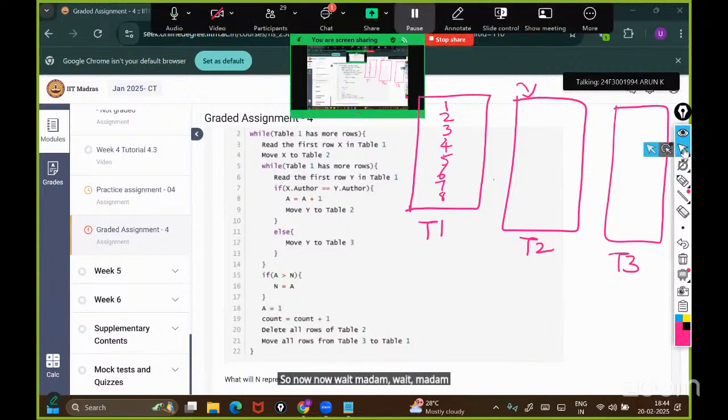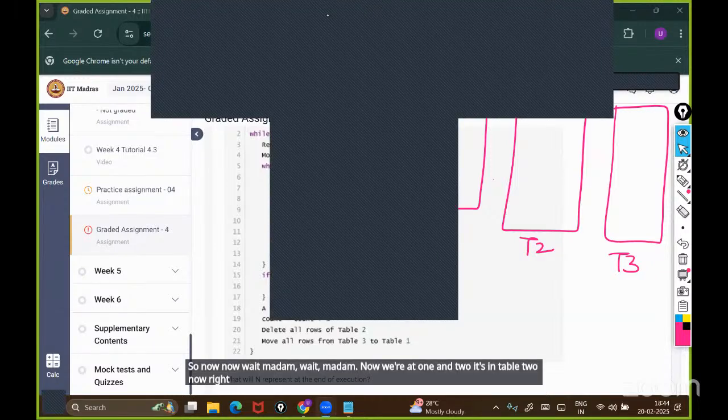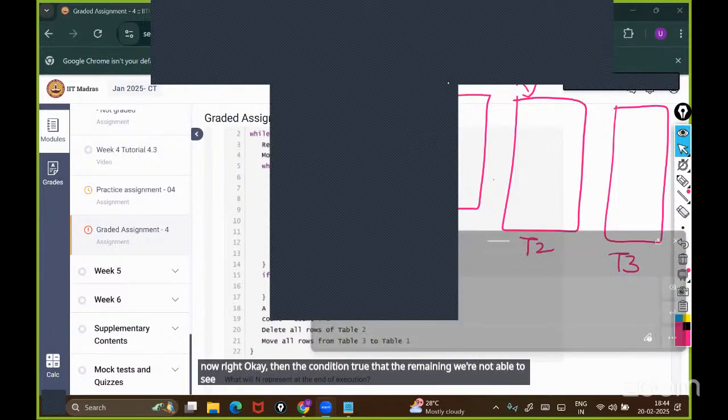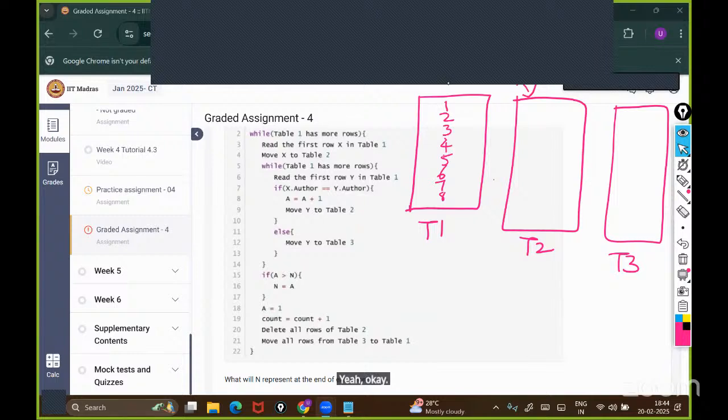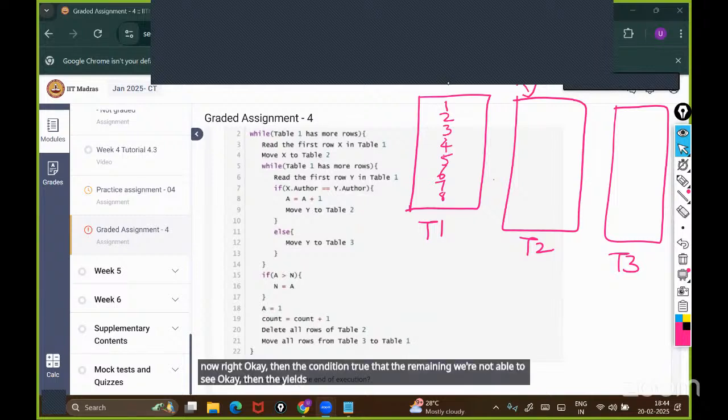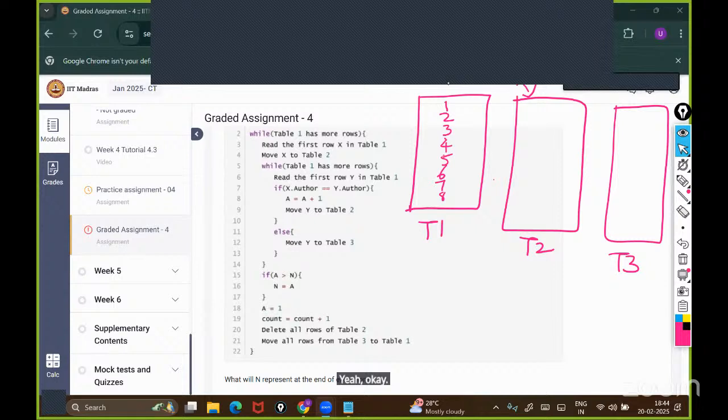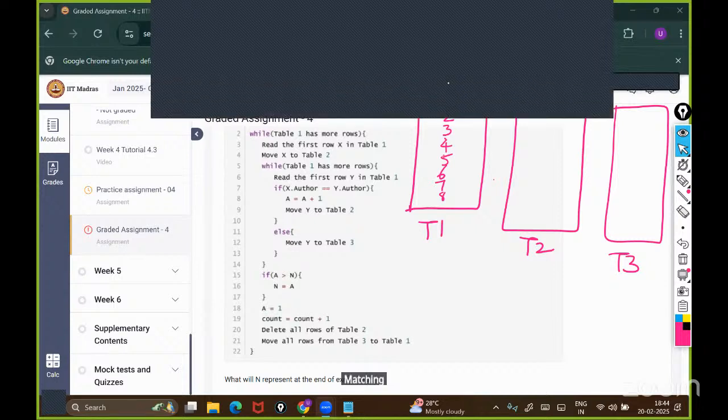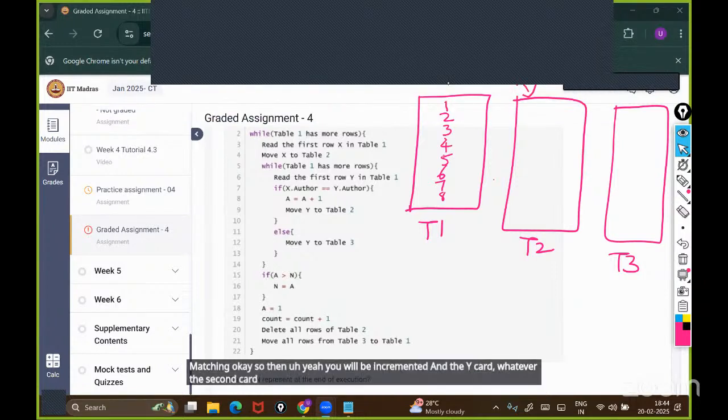Now 1 and 2 are in table 2, right? Then the condition is true, so the else condition won't work, because it is a true match. So A will be incremented, and the Y card, the second card, is only compared, not moved.